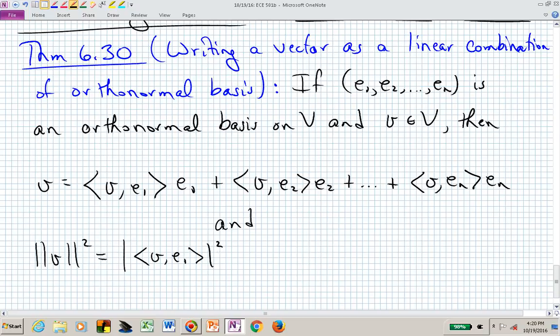We take its magnitude and square it. Then we take the inner product of v with e sub 2, take its magnitude and square that, etc., until we get down to the last inner product of v with e sub n and square that.